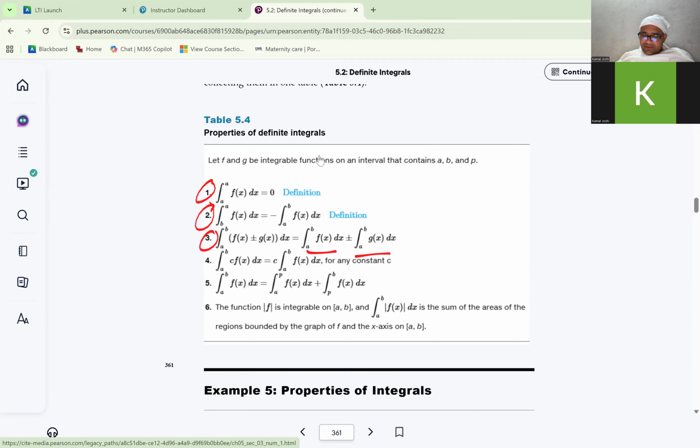If you have a constant number, you can take it out, constant multiple, just like in limits or derivatives. And finally, you can break down an interval into two parts: A to B can be broken into A to P and P to B.